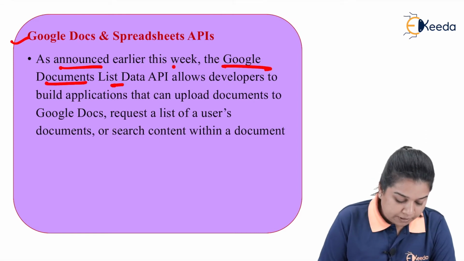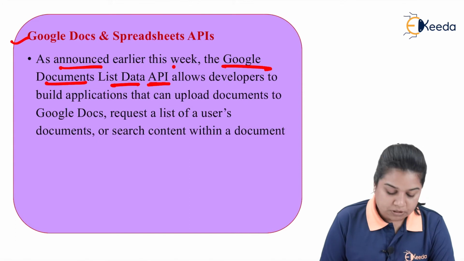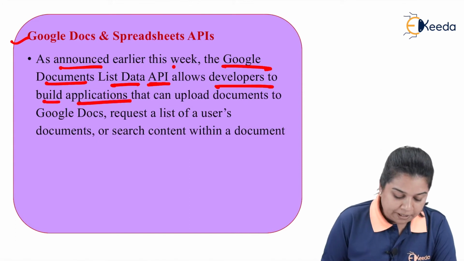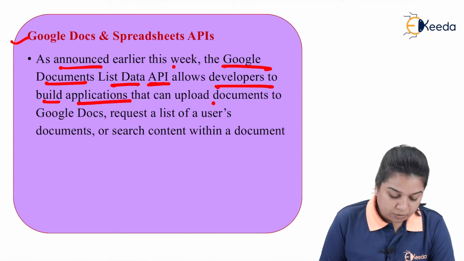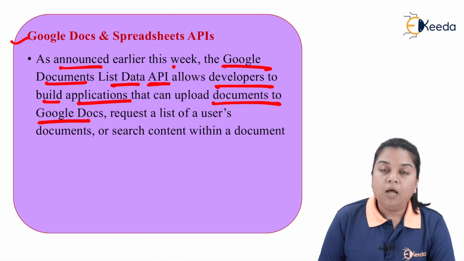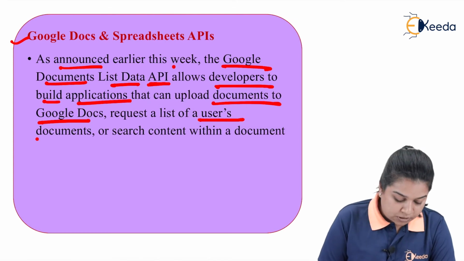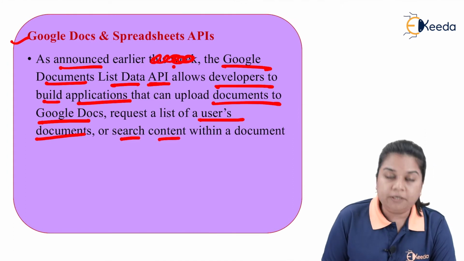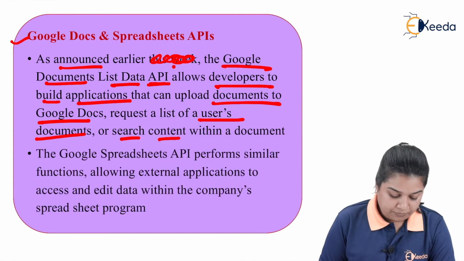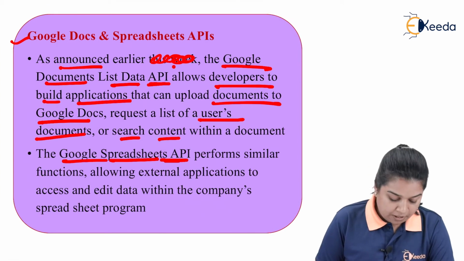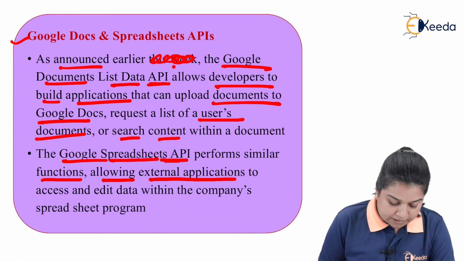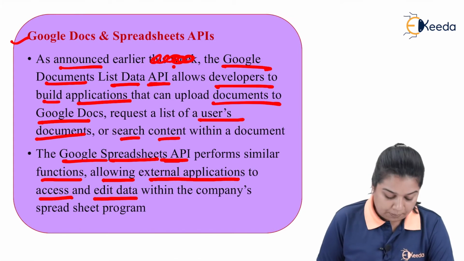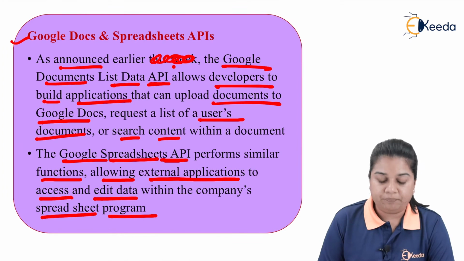As announced earlier, the Google Document List Data API allows developers to build applications that can upload documents to Google Docs, request a list of users' documents, or search content within a document. The Google Spreadsheet API performs similar functions, allowing external applications to access and edit data within the company's spreadsheet program.